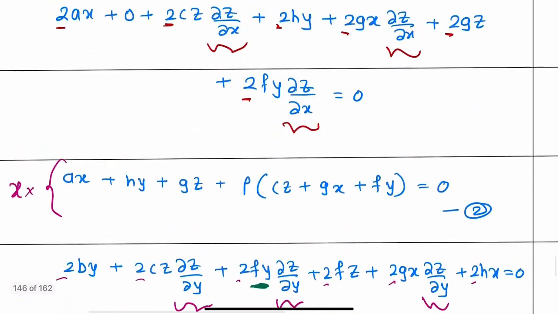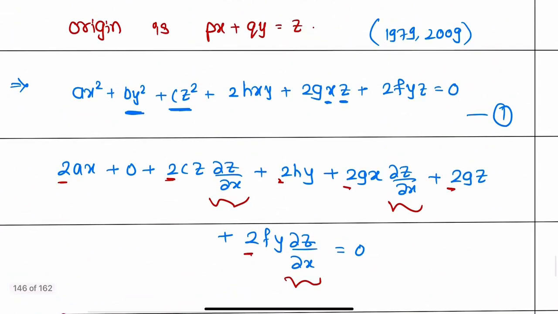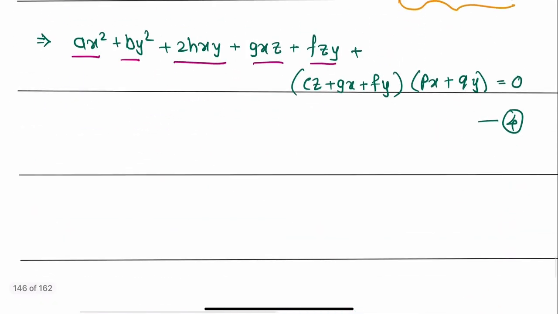And in the original equation of the cone we had ax square, by square, 2hxy, and there we had 2gxz, whereas here we have only one gxz; there we have 2fyz, here we have one fyz. So we can replace this particular thing.